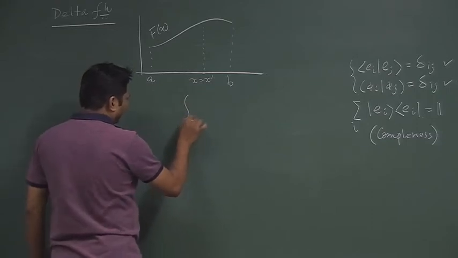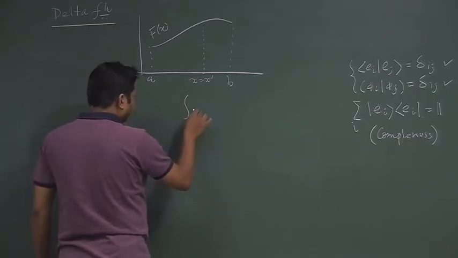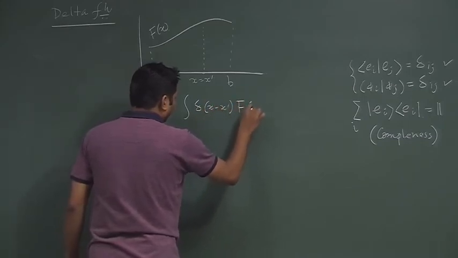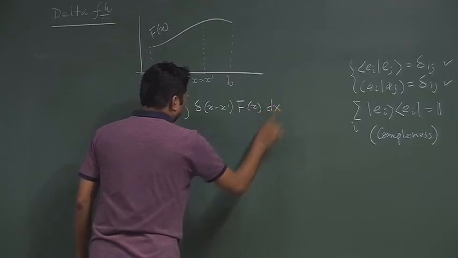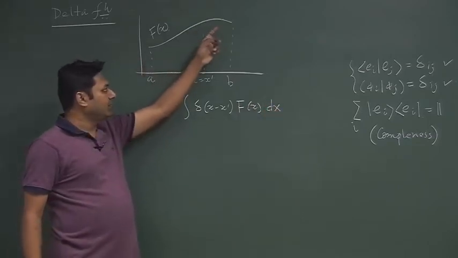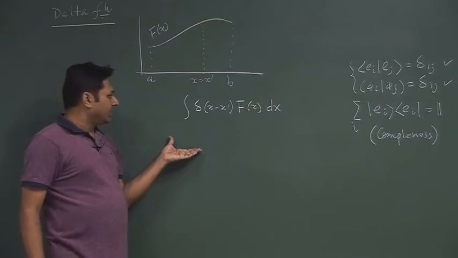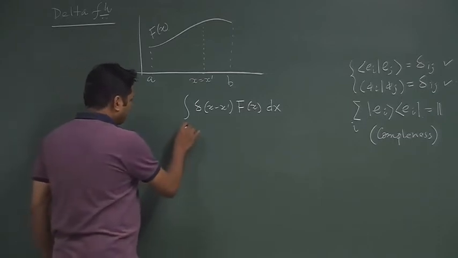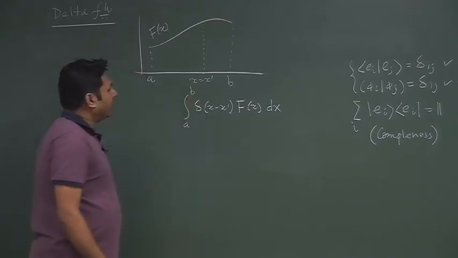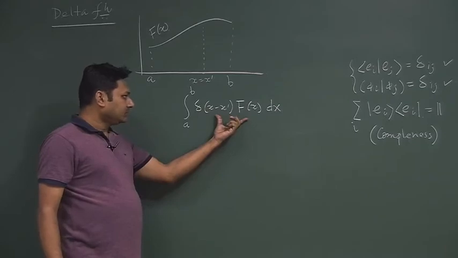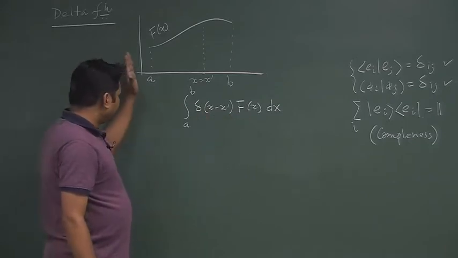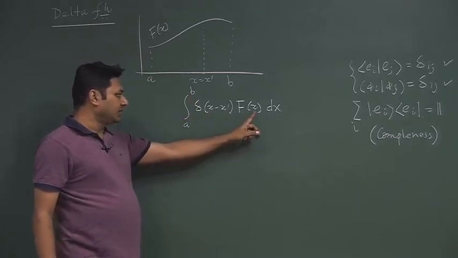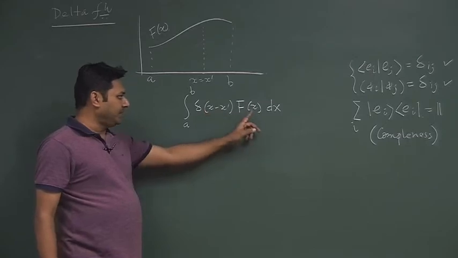So I will multiply this quantity over x and integrate, because this is a continuous function, there is no discrete quantity, so in place of summation I need to put the integration from a to b. When I am doing that, I am sliding this delta function over it, x is changing, and this behaves like a dummy index.